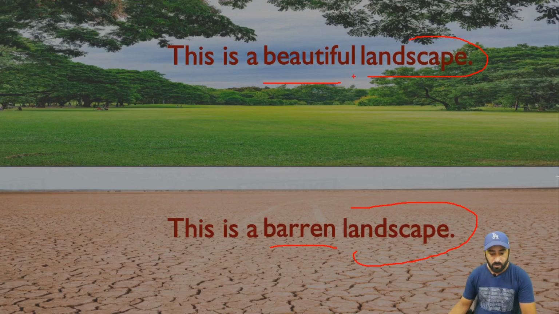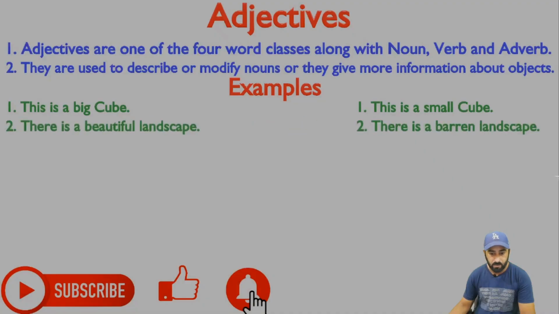Okay, then let's get back to our examples. Same examples here. There is a beautiful landscape and there is a barren landscape. Again, for the recap, beautiful is an adjective and landscape is a noun.